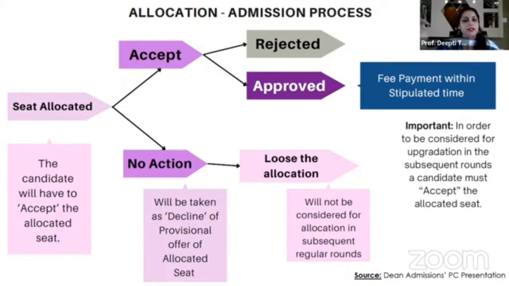If it is 12th or below, obviously you are not going to accept that, because you have anyway been allocated something better, as we call it Pareto optimality, through the general regular rounds. In that case, you will be out of the ECA allocation process, but you will continue to be in the regular allocation rounds.